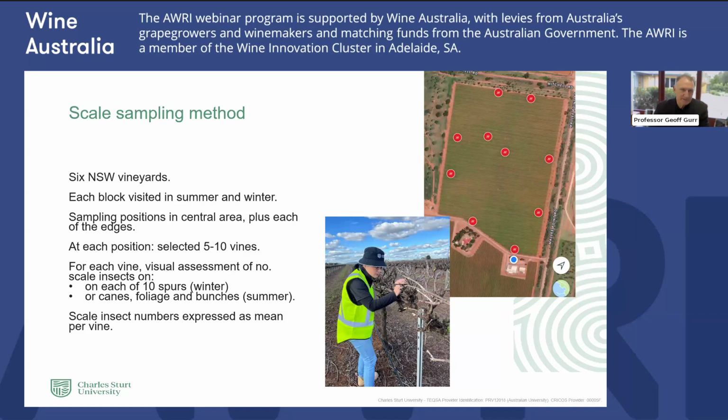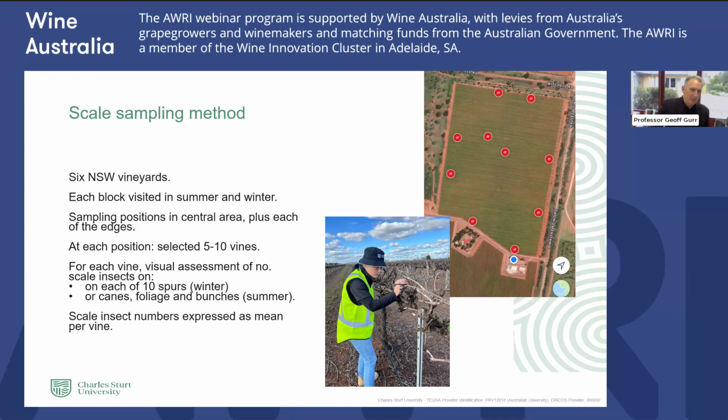And during those visits, sampling positions were identified in the central area of each block, but also in the edges of the vineyard, in order to give us some understanding of whether the adjacent land uses, whether it's grassland or other vineyards or other sorts of enterprises, did have a bearing on the level of scale in the focal vineyard. And at each of those positions indicated with the red spots, we selected between 5 and 10 vines for a detailed inspection.